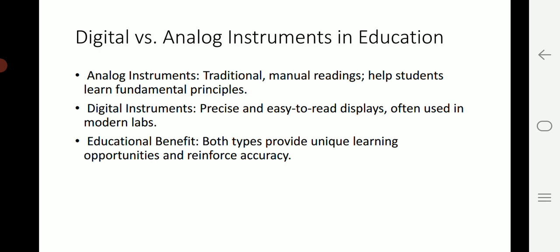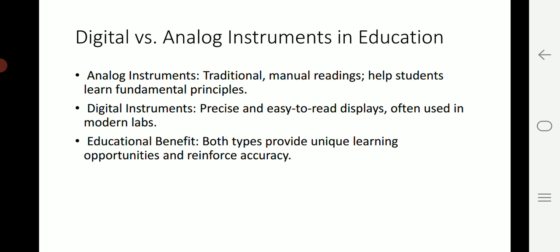So these are called analog instruments. And coming to digital instruments, precise and easy-to-read displays. When we write the code, VLSI or VHDL code for a decoder or anything, it displays some waveforms, right? It has zeros and ones. So the measurements are precise and easy to read and display. These are called digital instruments.